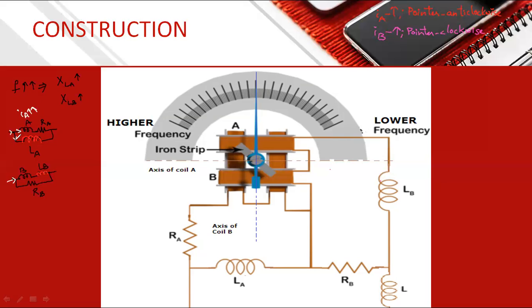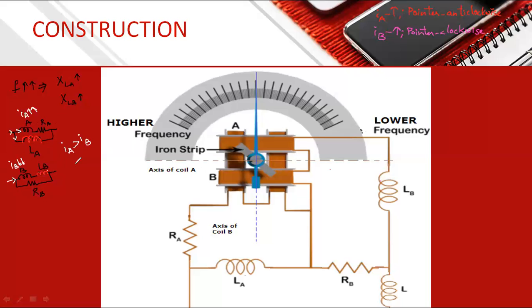Why? Because current through LA should be less as LA impedance is increased. Now coming to the circuit of B coil, we have LB in series with B. So the impedance of this circuit is increased. So we have less current flowing through coil B. Now if you compare the currents IA and IB, IA is greater than IB.